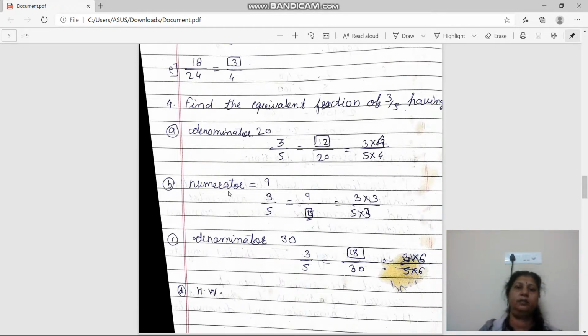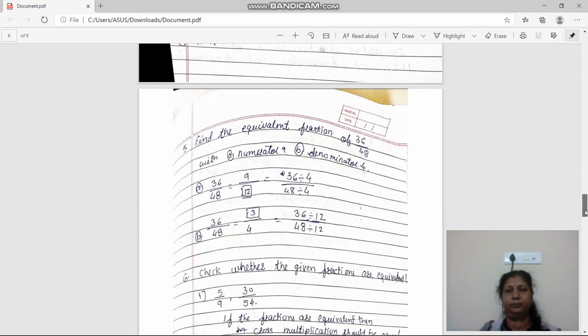Then numerator 9: 3 upon 5 is equal to 9 upon box. 3 3s are 9 and 5 3s are 15. Next, 3 upon 5 is equal to 30 upon box. 5 6s are 30, so 3 6s are 18.